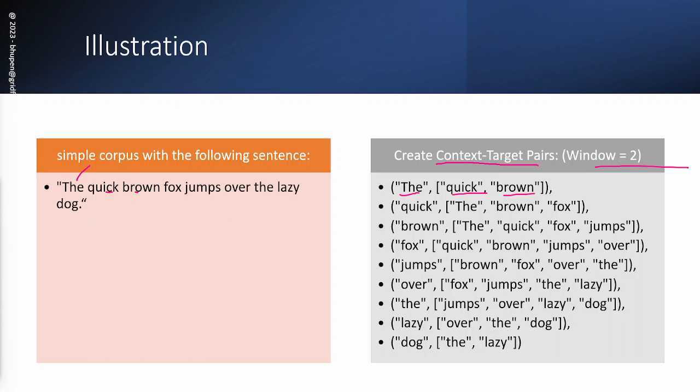Similarly, if we look at another example, let's say jumps, the surrounding words would be brown and fox, and over and the. So these are the surrounding words. This combination of target and the surrounding context words is called a positive pair.